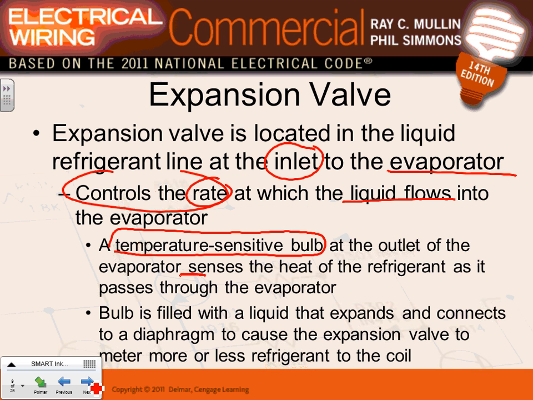The bulb is filled with liquid, expands and connects to the diaphragm, to cause the expansion valve to meter more or less refrigerant. So the valve looks at how much heat that temperature sensitive bulb gets. If you give me that much heat, I'll open that much and allow that much to flow through. So that's explaining how the valve works.